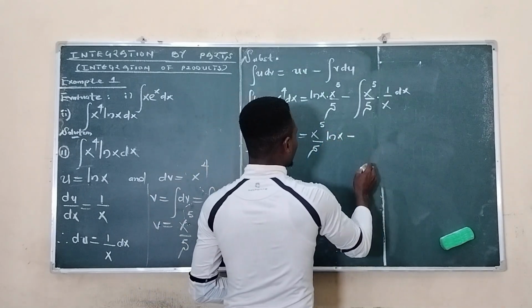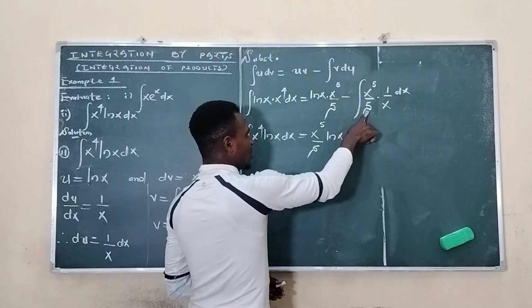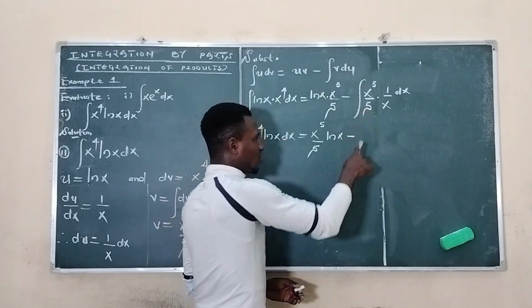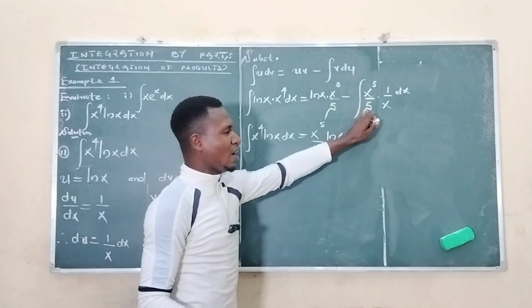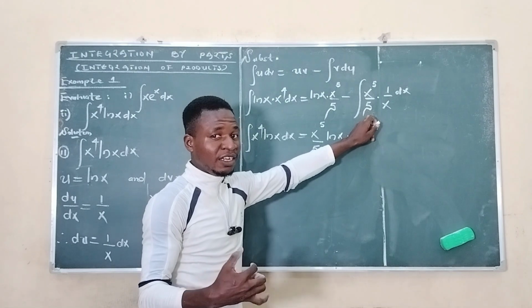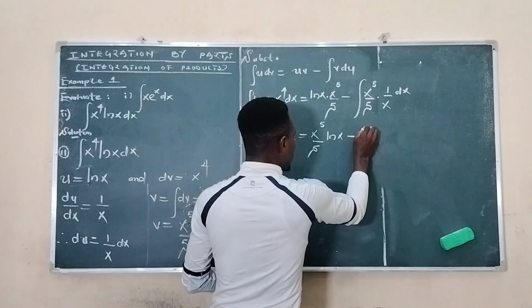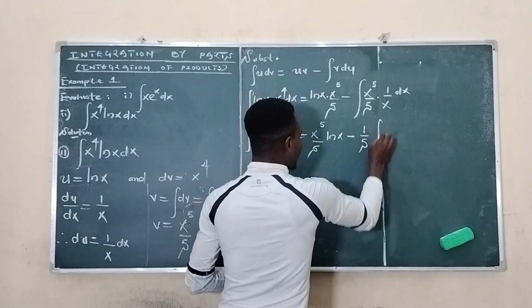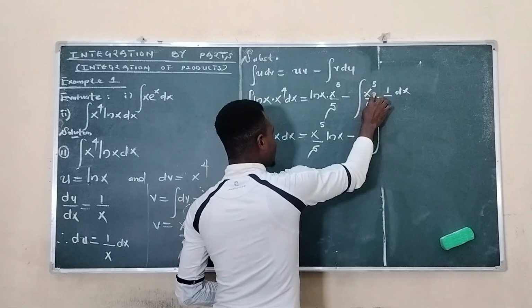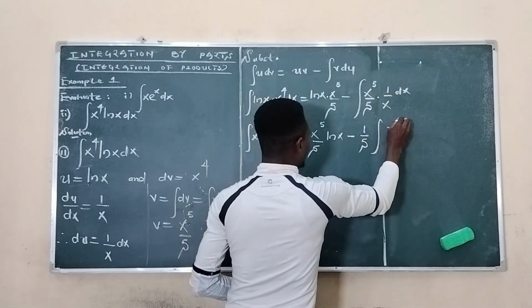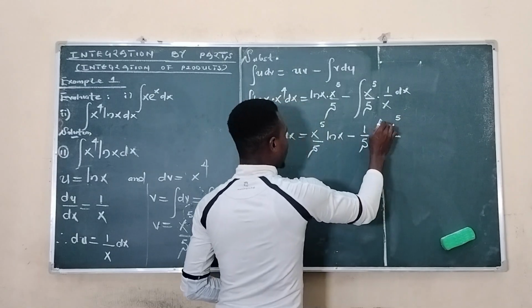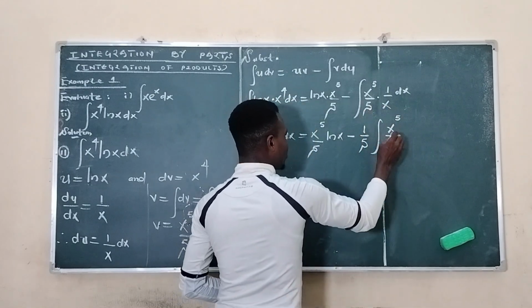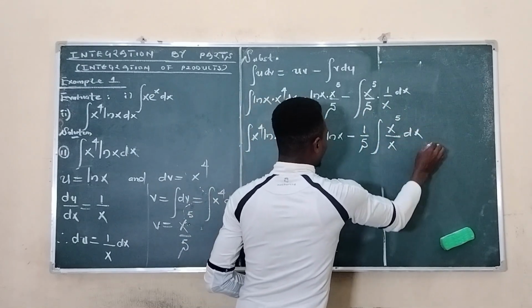please take note that there is a denominator of 5 here. We can factor this constant out of the integral so that we have 1 over 5 of the integral of x raised to the power of 5 all over x with respect to x.